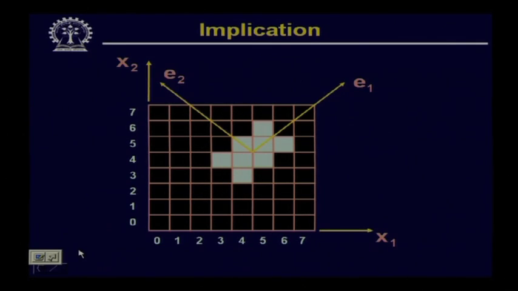This E1 and E2 form a new coordinate system, and the origin of this coordinate system is located at the center of the object, and the axes are parallel to the directions of the vectors E1 and E2.